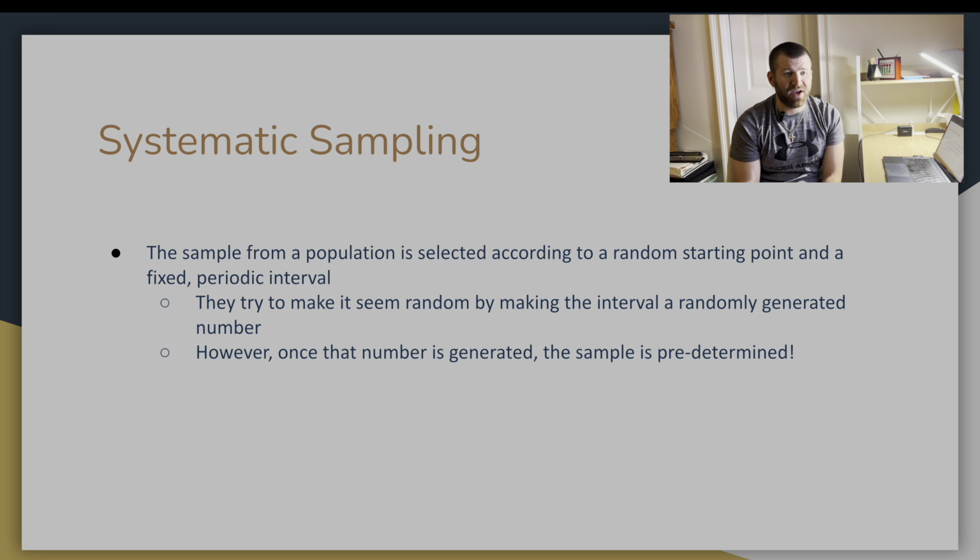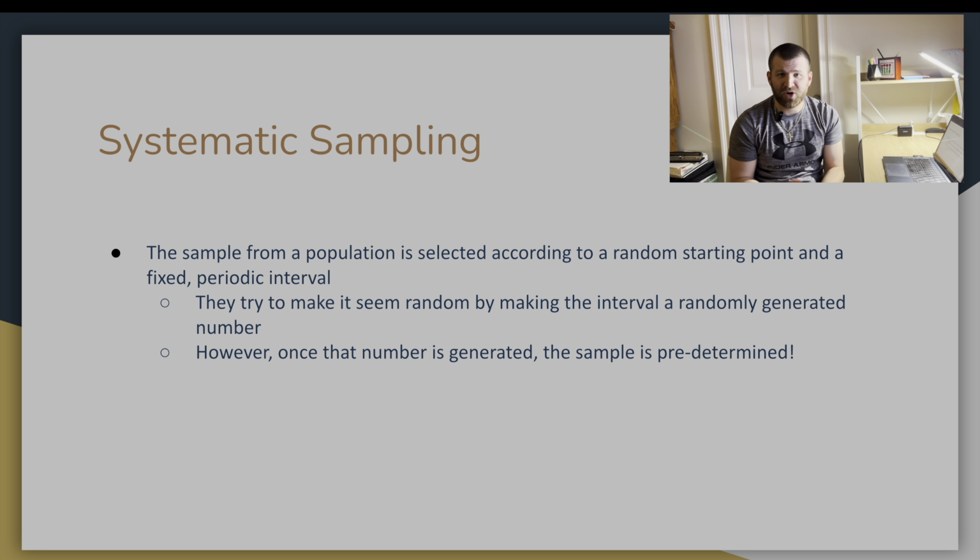So if you pick every fifth thing, the seventh thing off the assembly line is never going to get picked. As soon as you select that random number, whatever that number is, your sample is predetermined. If that number is 7, the sixth thing is never going to be selected, or the 8th, or the 9th. And so it can be a problem not being random.